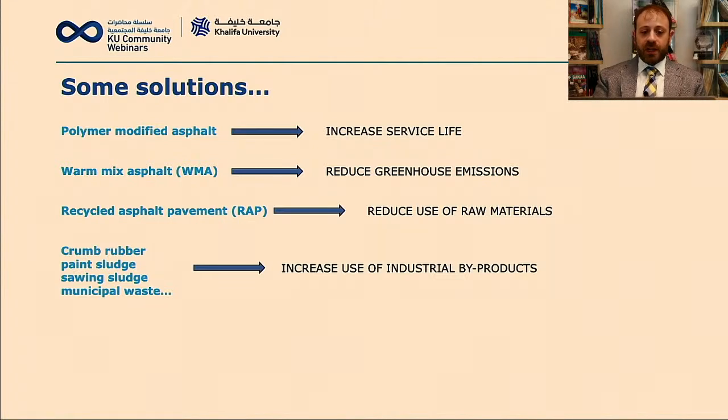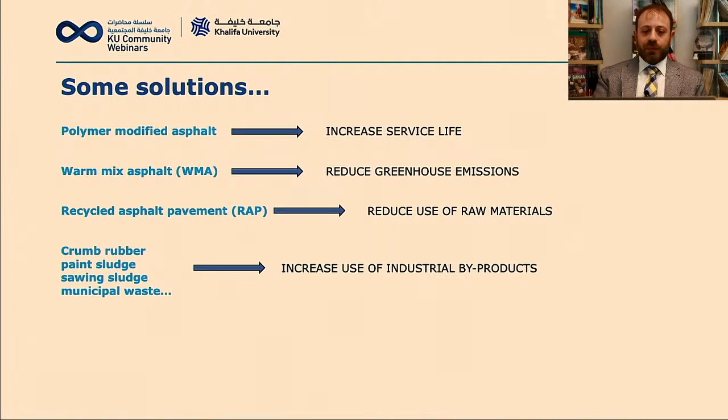Then we have another solution, the warm mix asphalt, which helps to reduce the greenhouse emissions during the production. Then we have the recycled asphalt pavement, so we can basically mill the old pavements, grind the material and treat the material and reuse the same material for new pavement structures.